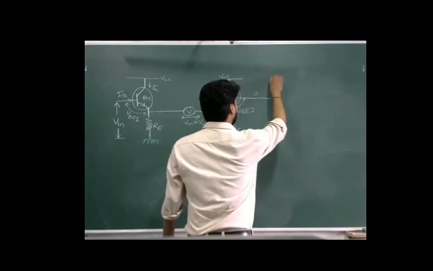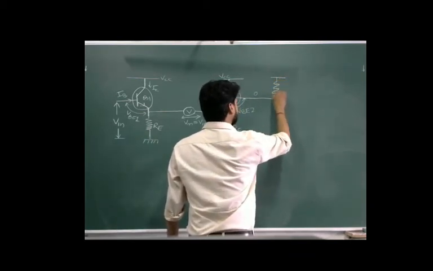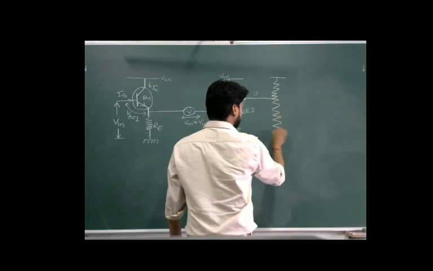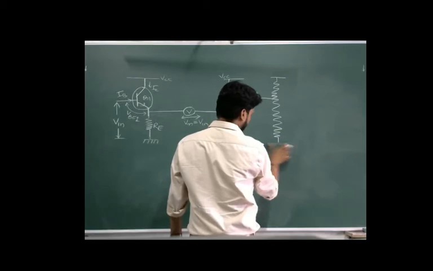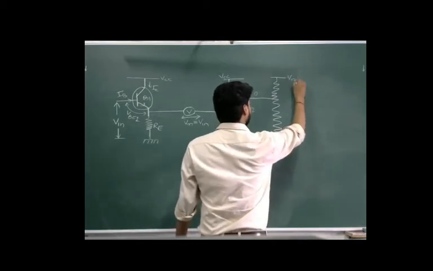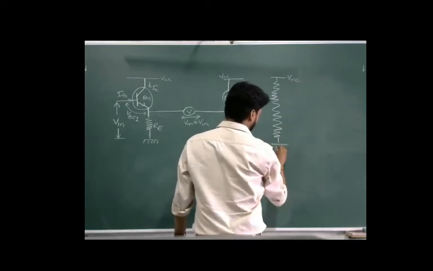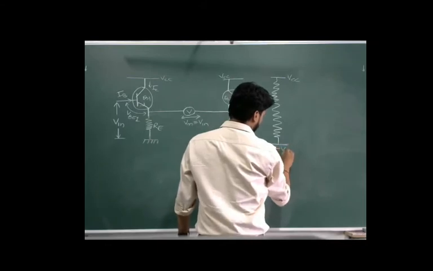modification here. We have connected a potential divider. This is VCC and this is some negative voltage, suppose minus VEE.